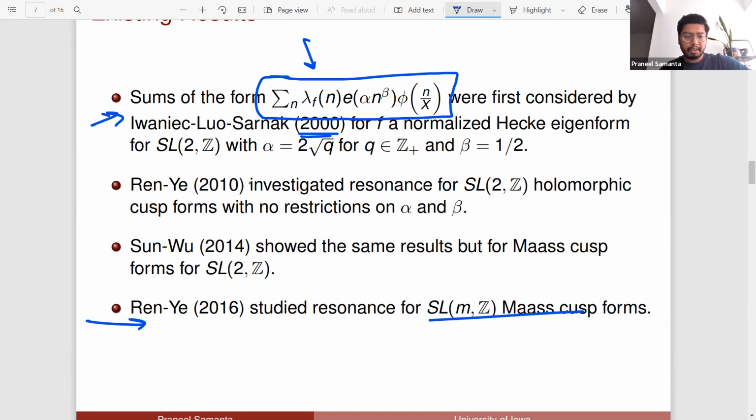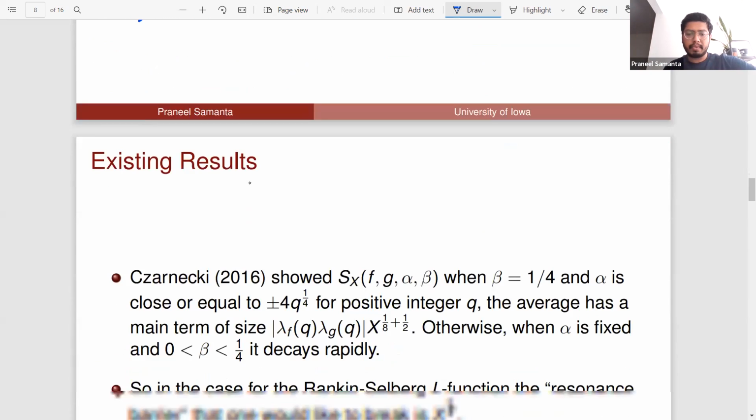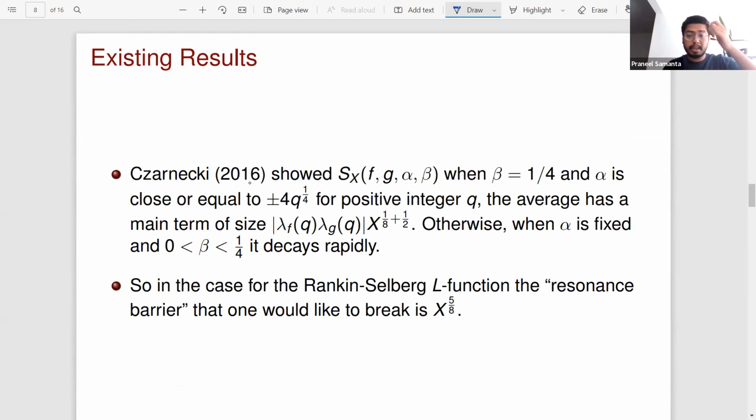For the first time, Czarnecki in 2016 worked with two forms, an F and a G. And he showed an upper bound for this S(X) term.